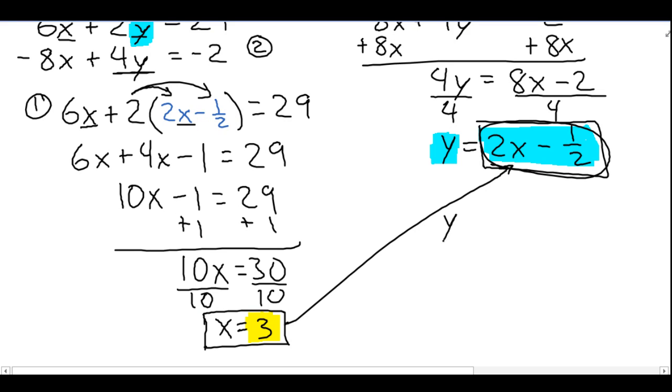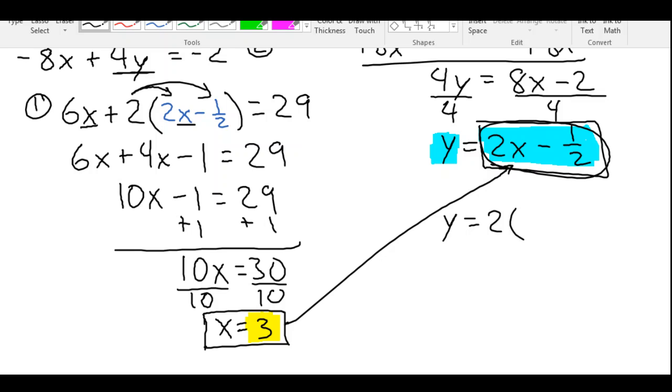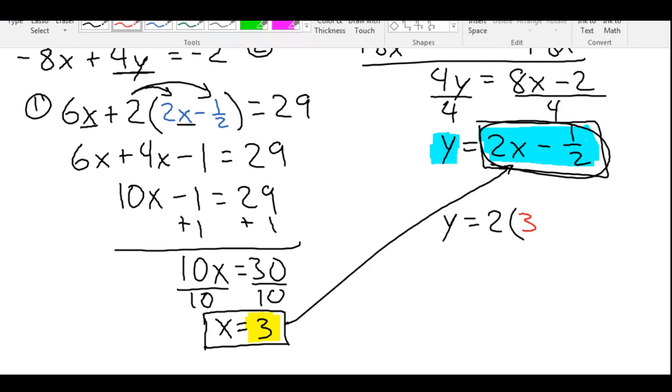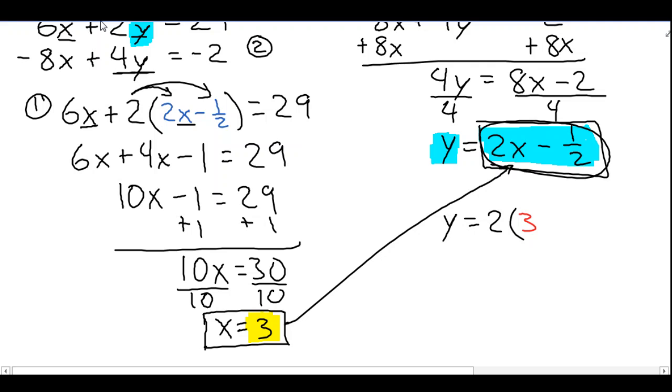So you end up with y is equal to 2, and instead of x, you're going to plug in 3, because that's what we solved for earlier. So x is equal to 3, so I get to substitute that out. So it's 2 times 3 minus 1/2, right? And when you do this, you'll end up with y is equal to 6 minus 1/2, which is about 5.5.